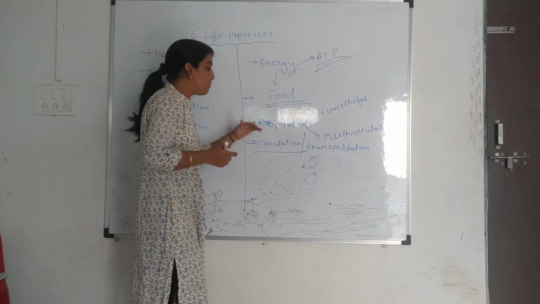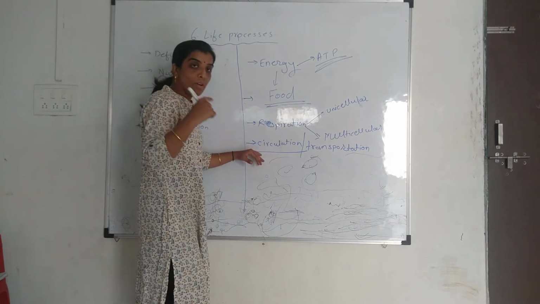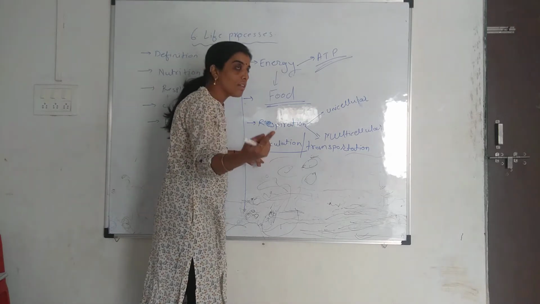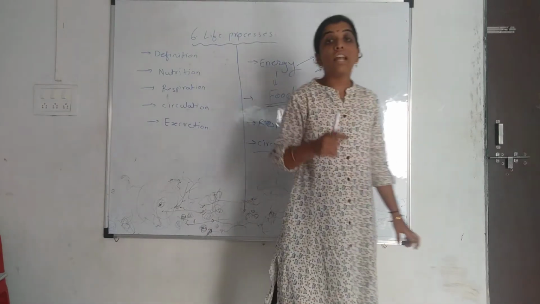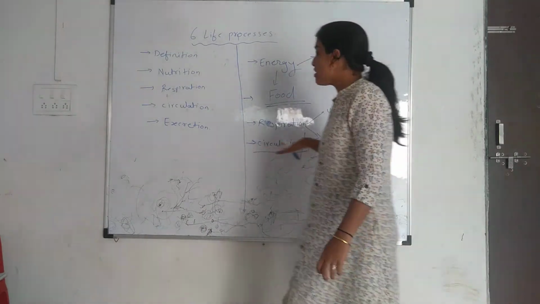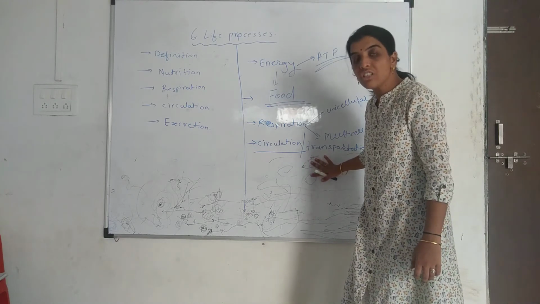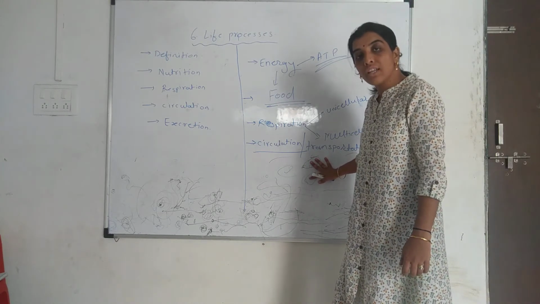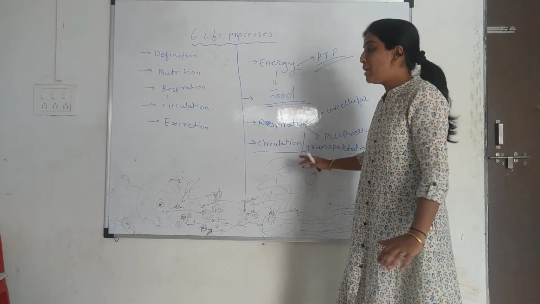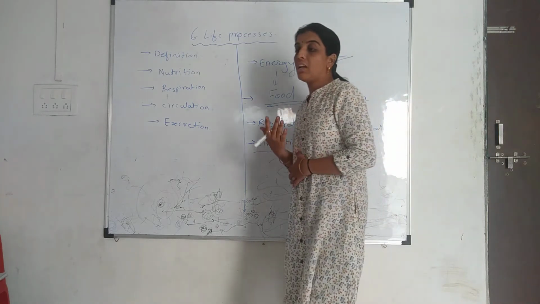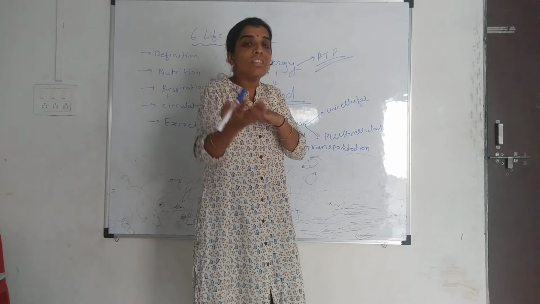Then in our body they are transferred from one part of the body to another part by means of circulation or transportation. Okay, so there is a special system for this process. There is a transportation system in the plants, and there is a circulatory system in animals and human beings.